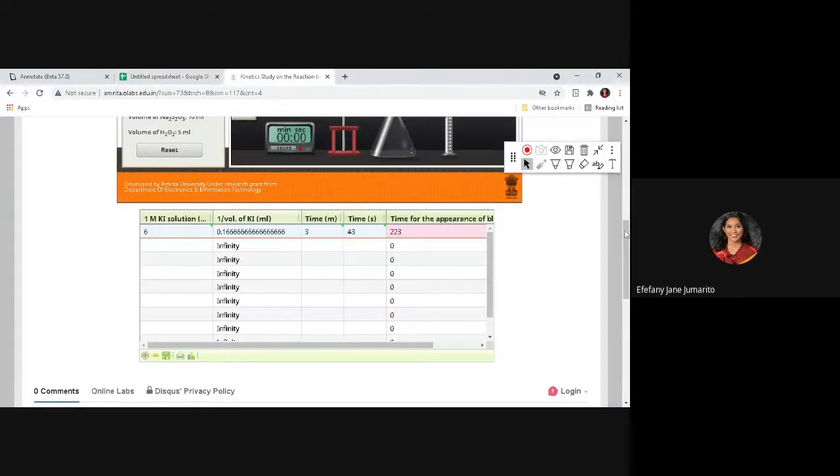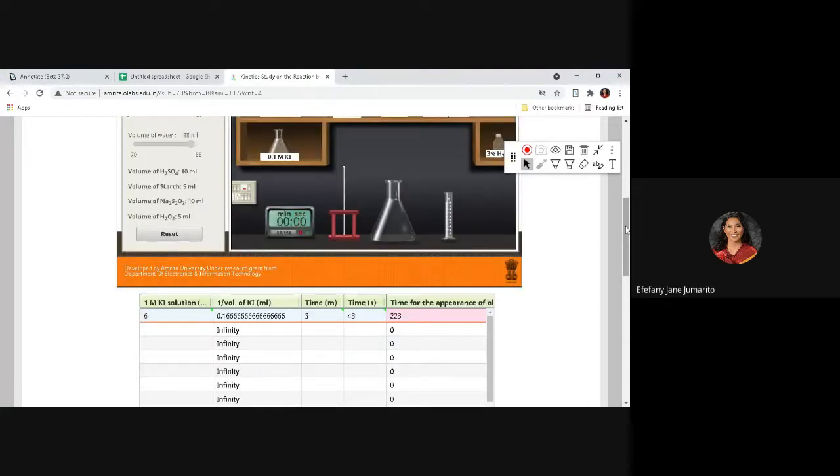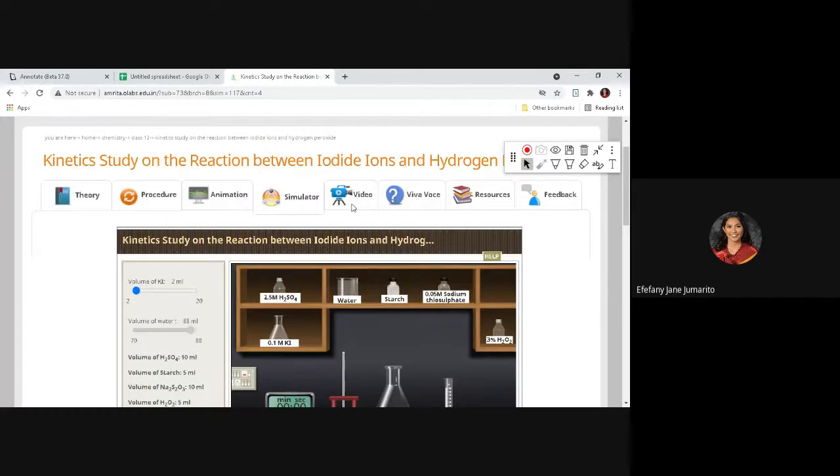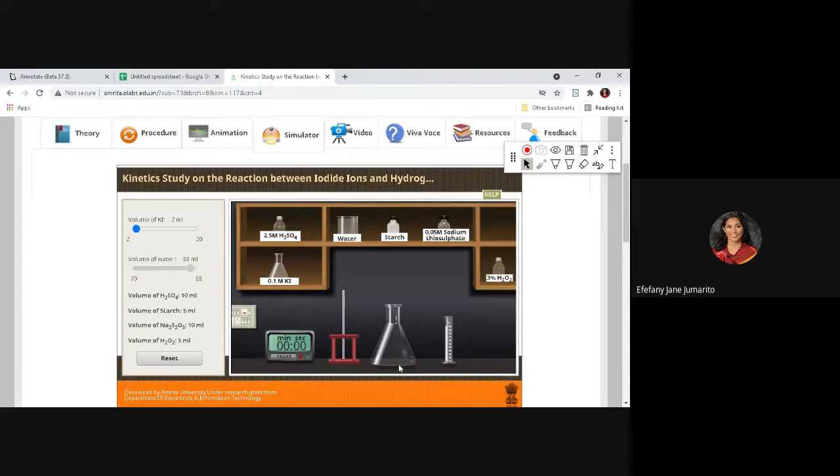Flask B. Okay, we have flask B and then we are asked, procedure 1, please read. Wait, the screen went white.